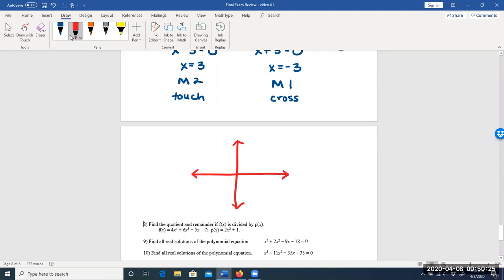So 3 is one of my x-intercepts, it's a touch. -3 is my other one. It's a cross. And I know that I want my graph to rise to the right. So I have to have it rise over here.